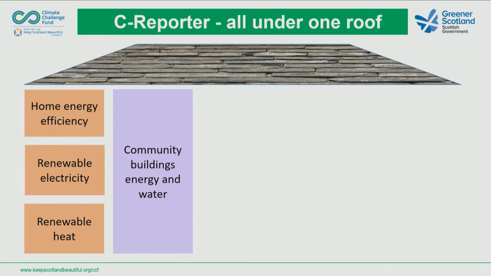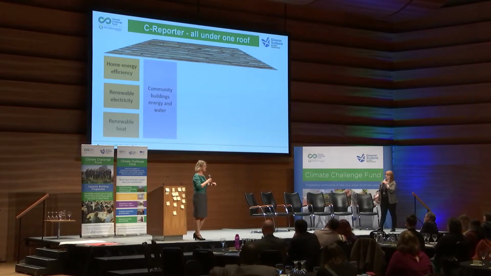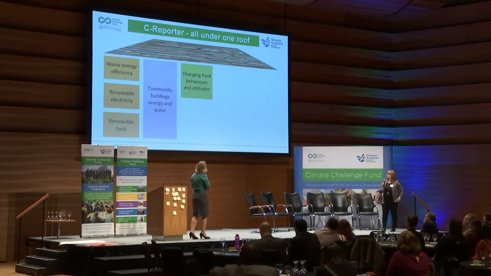And if you are a community building project, working to improve the energy efficiency of your building, or in addition to that, water efficiency, then you use the table for that element. Community buildings was the simplest of all of them, so it was the first one written. If you are changing food behaviours and attitudes, which is a wide range of activities, you use that table.